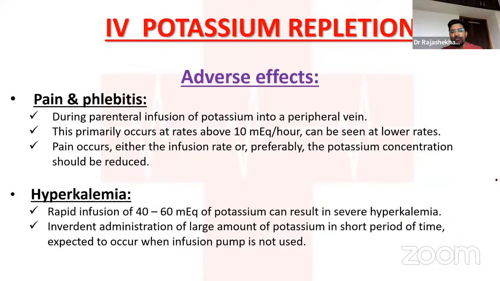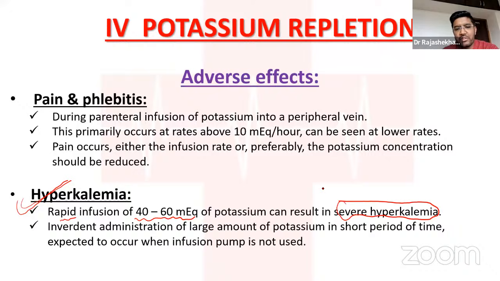So for IV potassium repletion, before going to the administration, you need to know the adverse effects. The first and foremost thing is hyperkalemia, which depends on rapid infusion. If you infuse very rapidly, 40 to 60 milliequivalents of potassium can result in severe hyperkalemia. You cannot give potassium chloride directly.